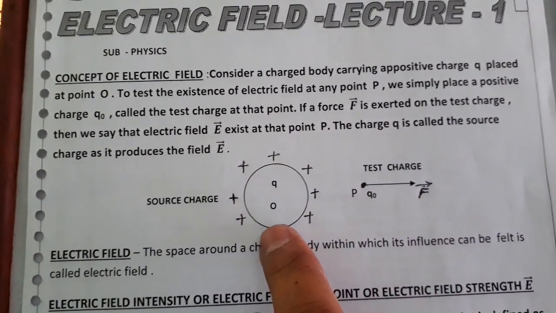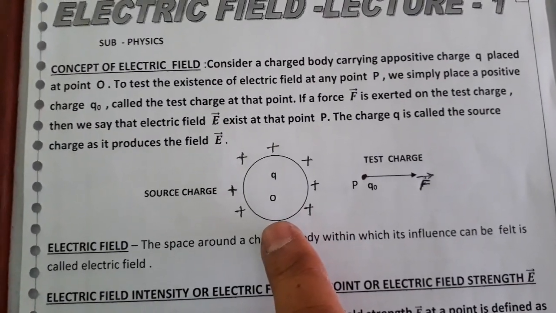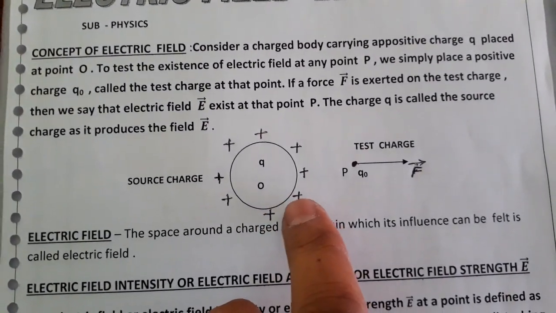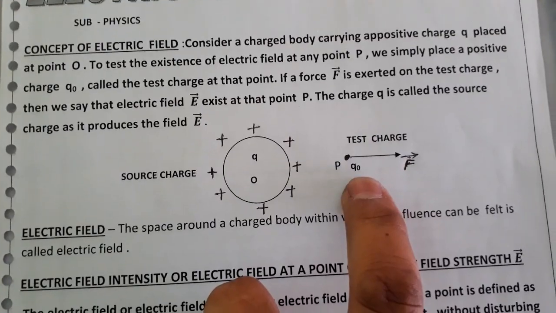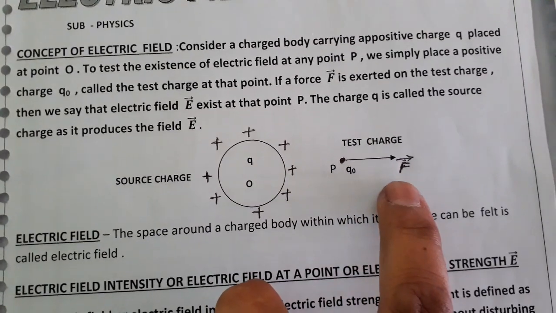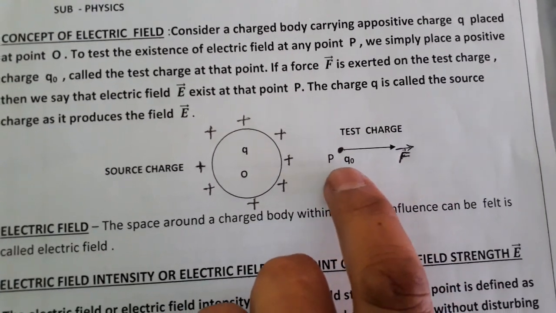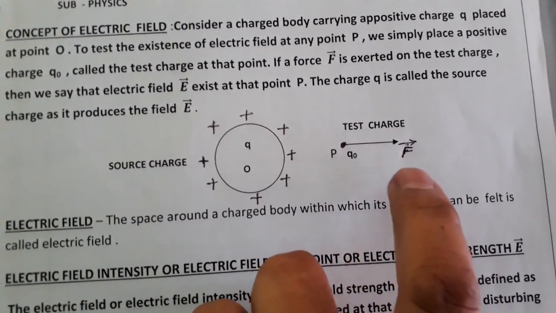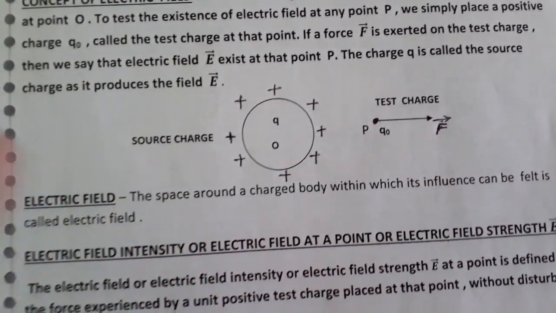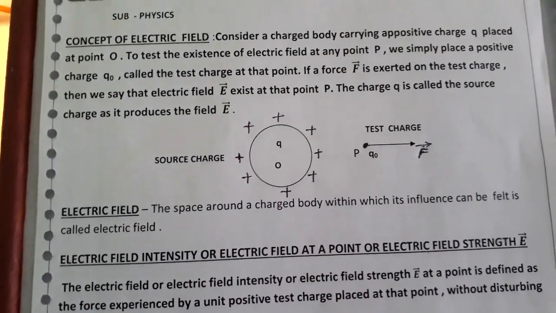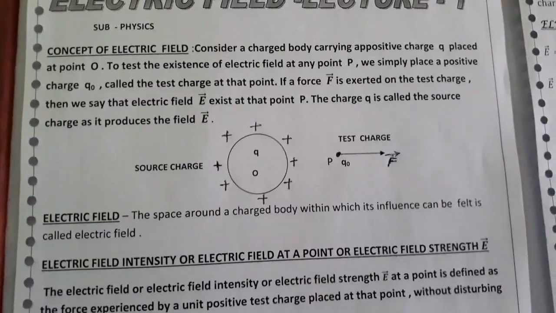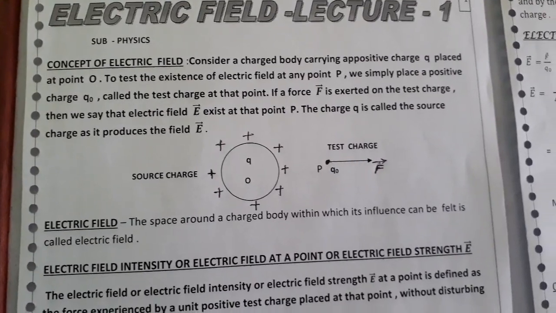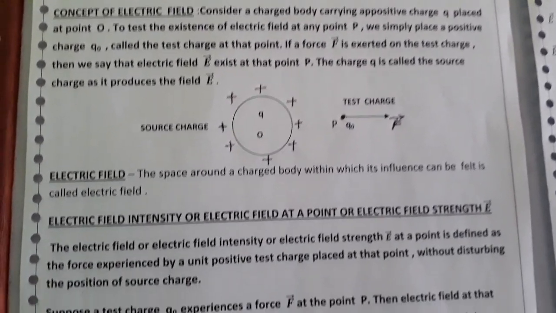Here the charge Q is called source charge as it produces the electric field, and Q naught is the test charge, and F is the force experienced by the test charge, and this force is exerted by the source charge. So this was a very simple activity to understand the concept of electric field.